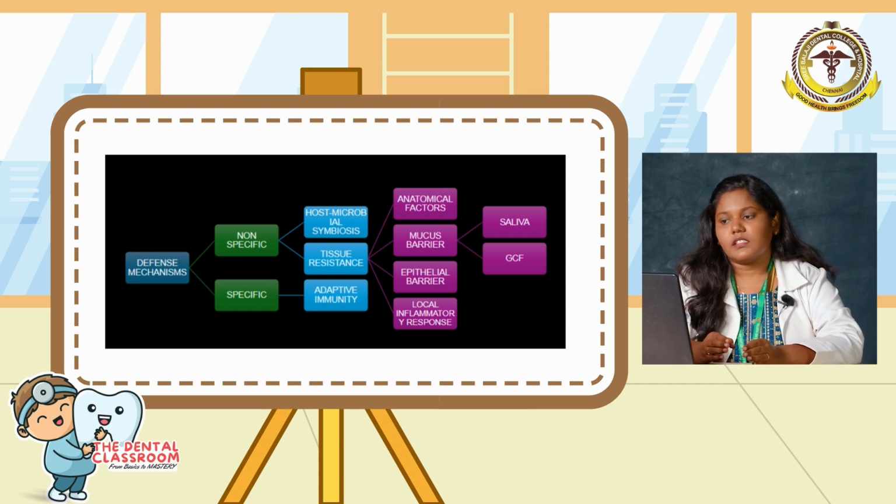In tissue resistance, you have anatomic factors, the mucous barrier, the epithelial barrier and the local inflammatory responses. Here, the mucous barrier actually comprises the saliva and the gingival crevicular fluid. And the specific immune mechanism includes your adaptive immunity, which is nothing but your antigen-antibody reaction.